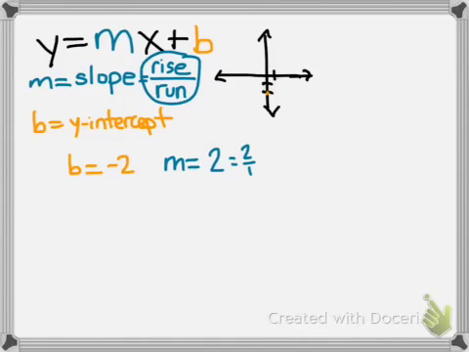So on our graph, we're going to go up 2 and over 1 and plot another point right there. Same thing, keep going up 2 over 1, and then up 2 over 1. And then you can just draw a line over those, and that tells you what the slope is for the equation.